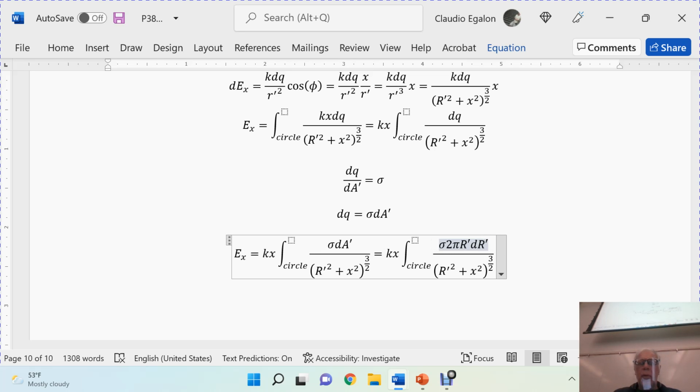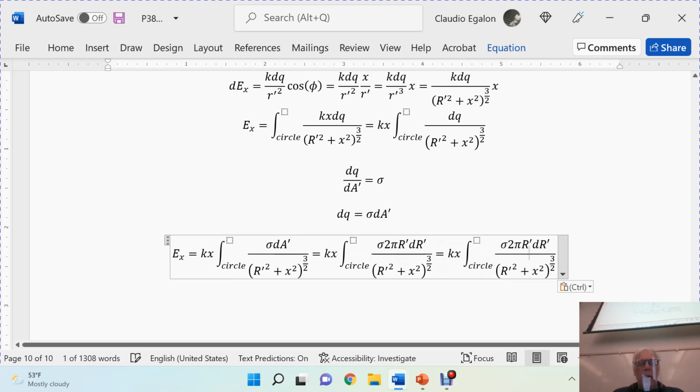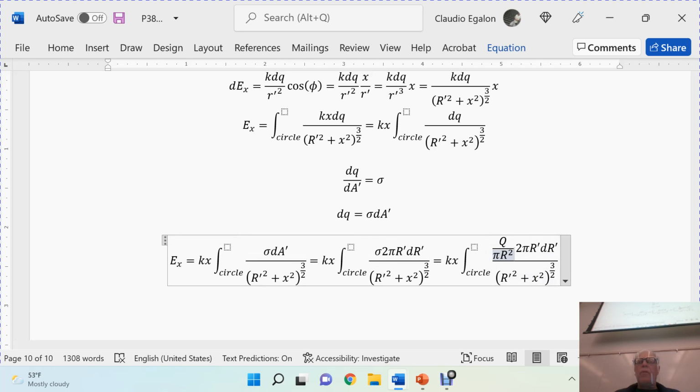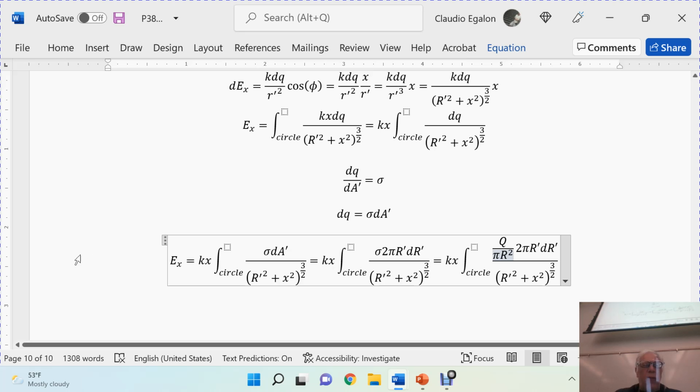Circle. And the sigma is going to be net charge divided by net area. Is uniform charge density. Net charge is big Q over pi r. Now is going to be the regular r because it's the radius of the disk. It's not r prime, it's r. The area of the disk is pi r squared. And we are going to get rid of everything that's constant.